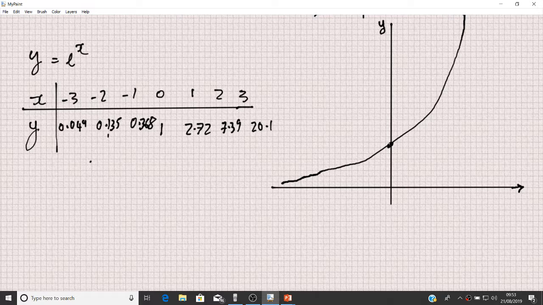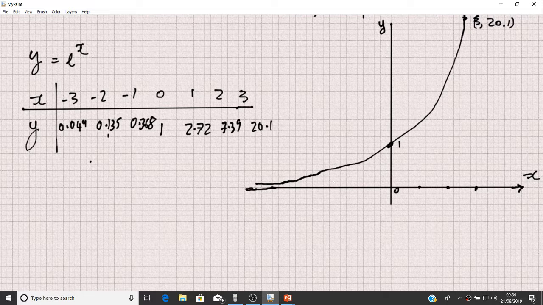It crosses the y-axis at the point 0, 1, and I'll mark in just some of the points then. If we call that 1, 2, 3, and up there on the 3 we have the 20.1, just to give you an idea of the shape of this curve.